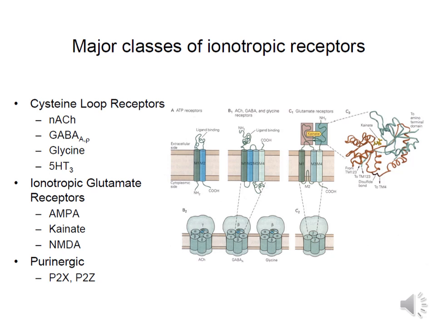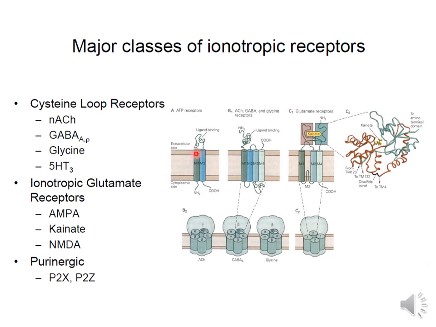So the Cys-loop receptors include the nicotinic acetylcholine receptors, GABA and glycine, and also serotonin receptors. For the family that corresponds to glutamate receptors, we have AMPA, NMDA, and kainate receptors. And then for the purinergic receptors, we have the P2X or P2Z receptors.